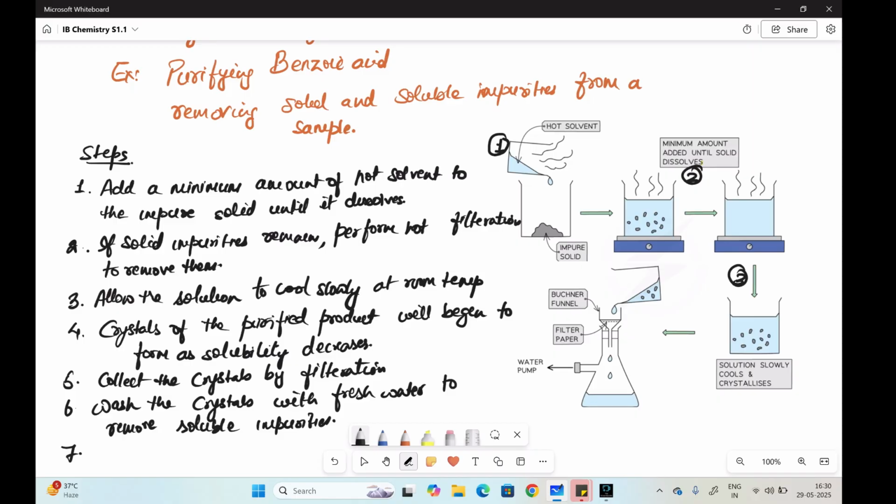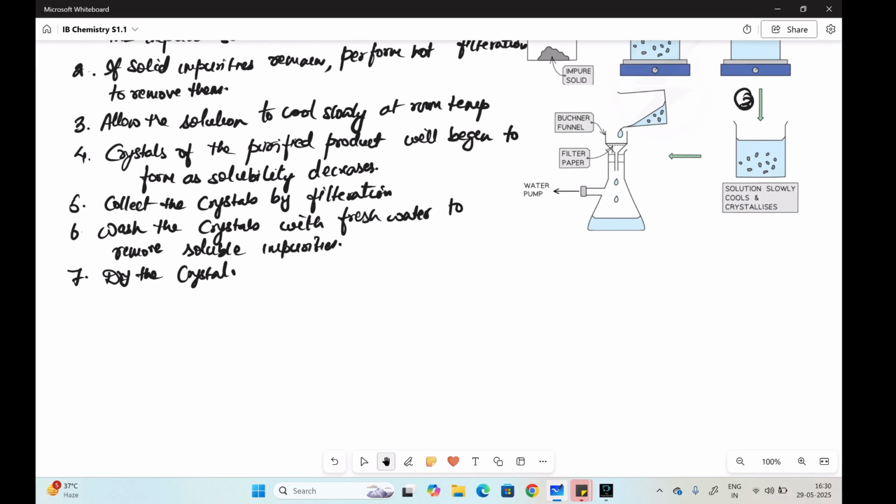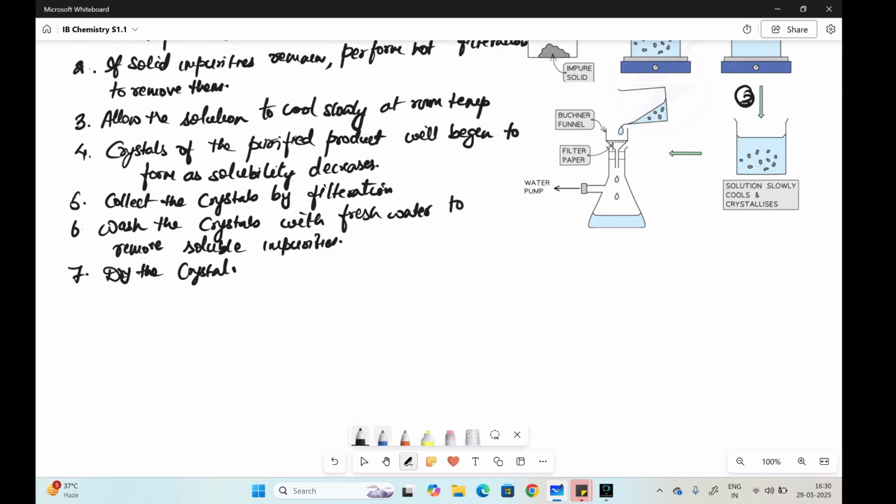And then you can dry it on filter paper or dry on any other dry stuff. Dry the crystal and you will get the crystals. So recrystallization is again a very good, powerful separation technique, right?